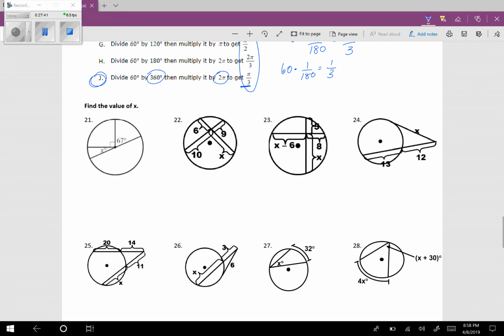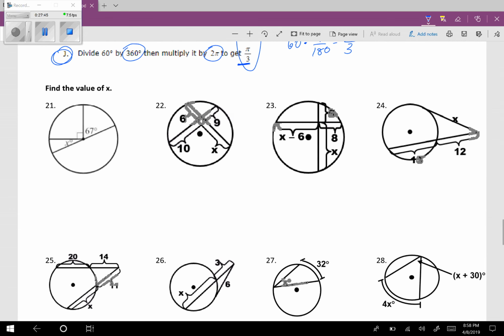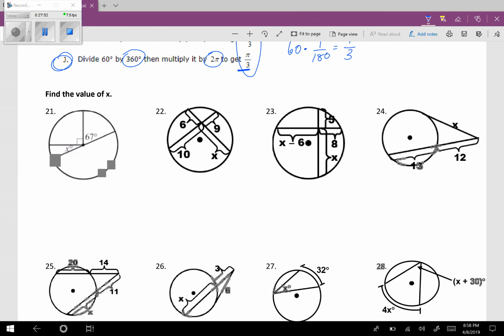All right, so now we've got arc measures and segments, all that good stuff, and inscribed angles, which we covered on Monday in class. So first one, number 21. We're going to find x degrees. So right here we have a diameter.